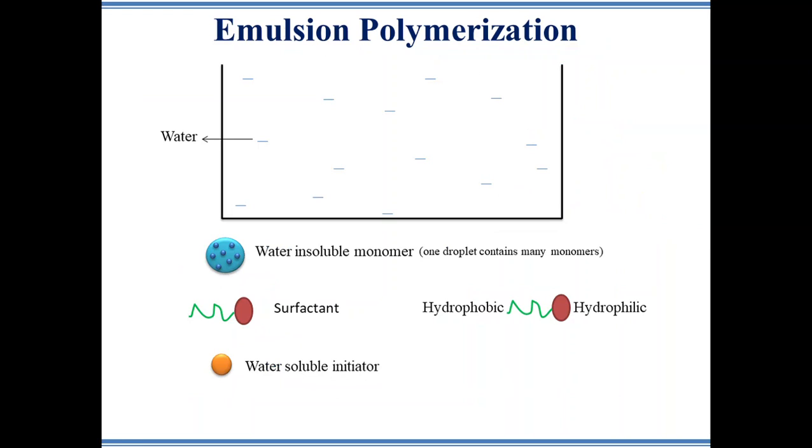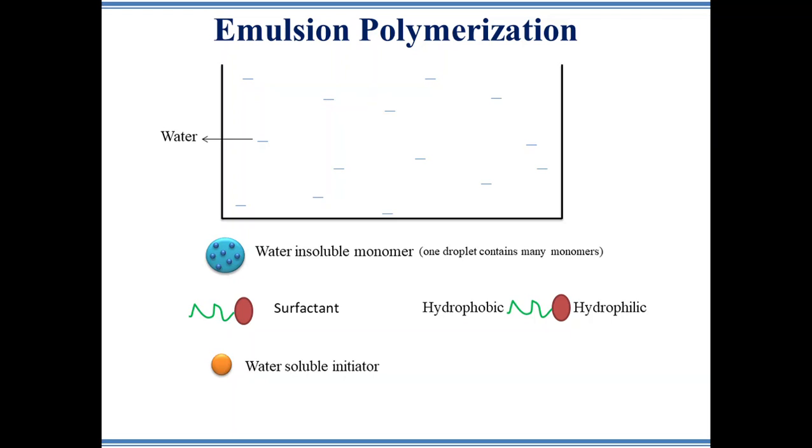Although bulk and solution polymerization are very simple methods to make polymers, these methods have certain limitations, like we cannot get high molecular weight polymer and also polydispersity is very high. Bulk polymerization is exothermic and solution polymerization is not environmentally friendly.